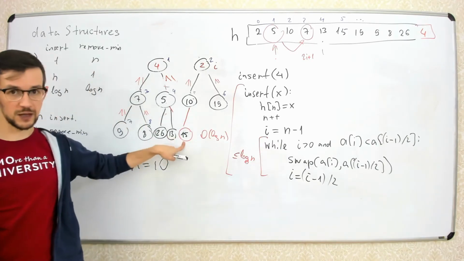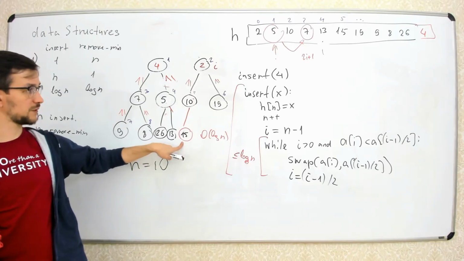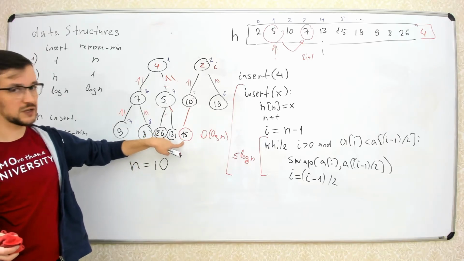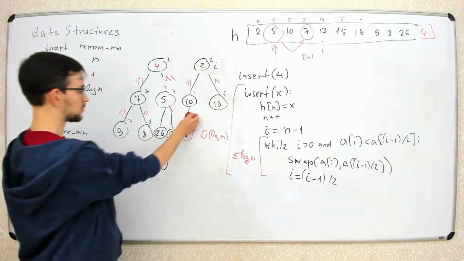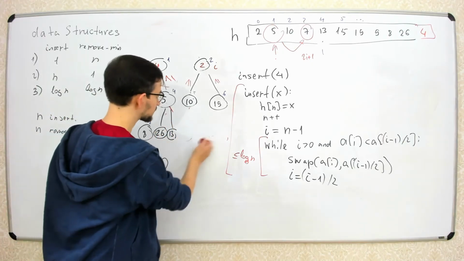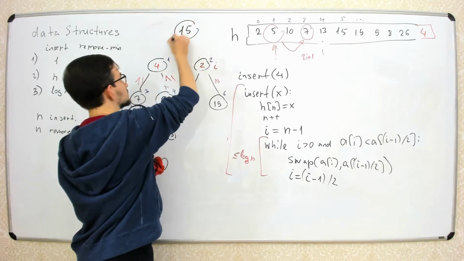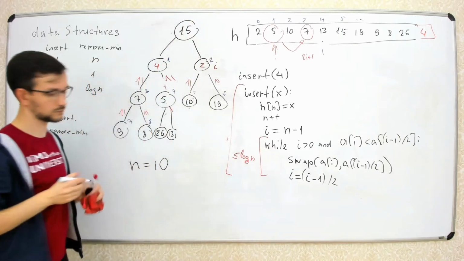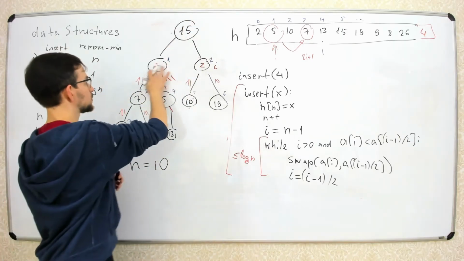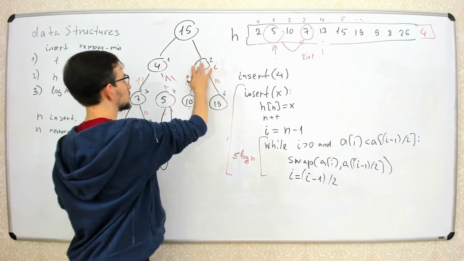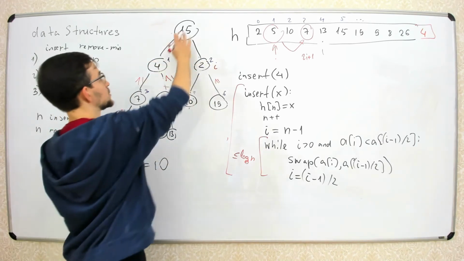We'll take the last element of the tree, this is 15, and put this 15 as the new root of the tree. Just remove it from here and move it to the top. So this is the new element.